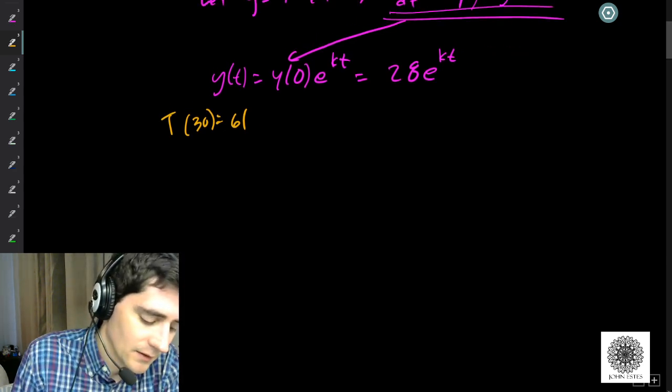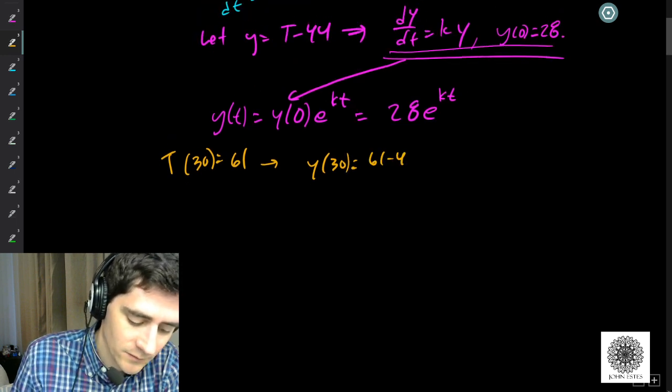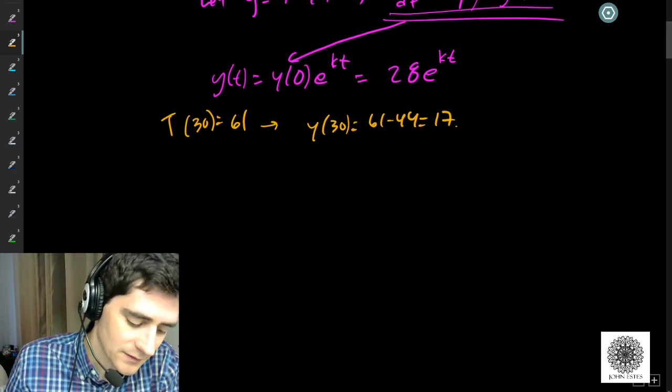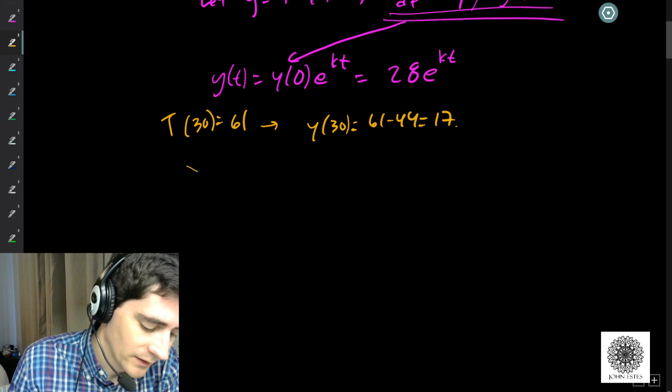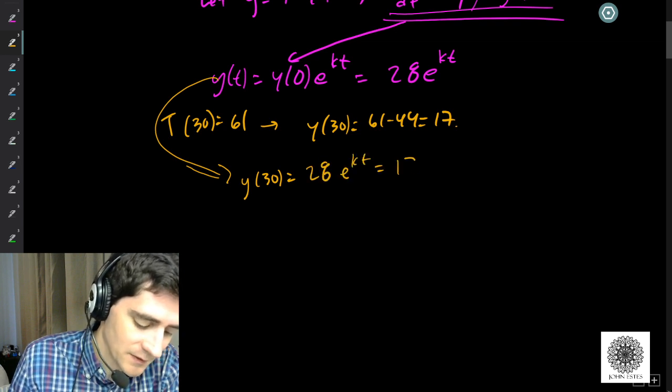So that means that if I plug in y of 30, well, how do I convert that? 61 minus 44, okay, I get 17. All right, so then taking my model here, y of 30, which is 28 e to the kt power, I know that's got to be 17.